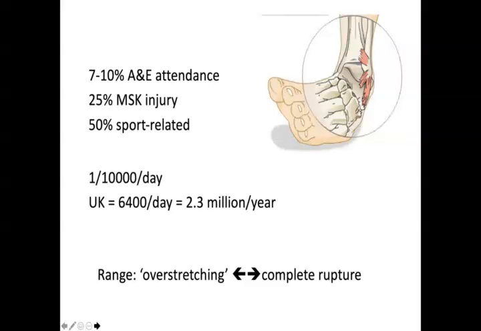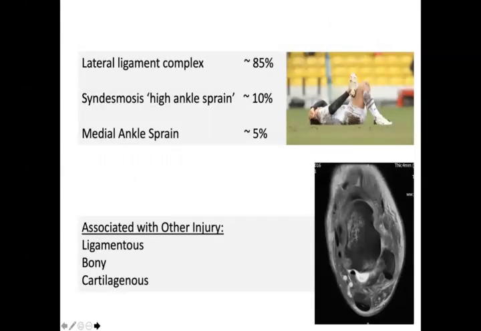Obviously, there is quite a range of injury that's sustained, from a simple overstretching or a grade 1 injury of the ligament through to a grade 3 or complete rupture of 1 or more ligaments. In the vast majority of cases, it's the lateral ligament complex that's involved.